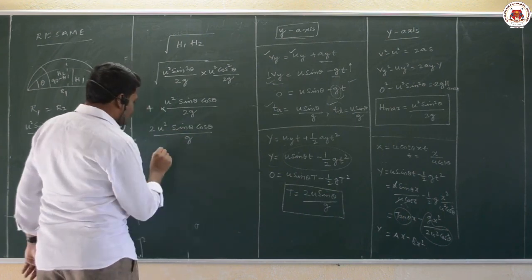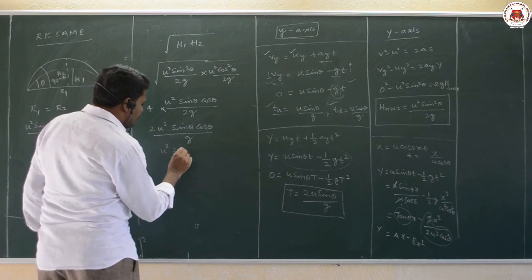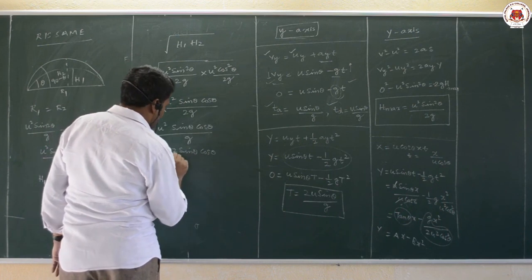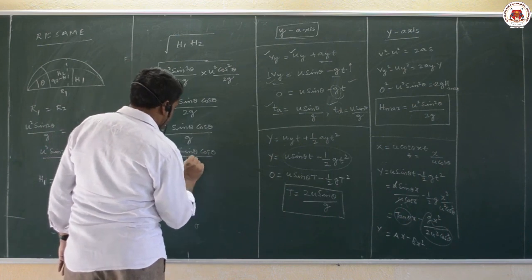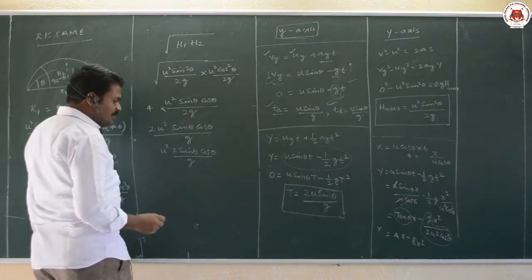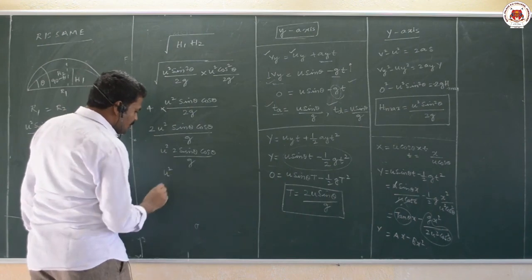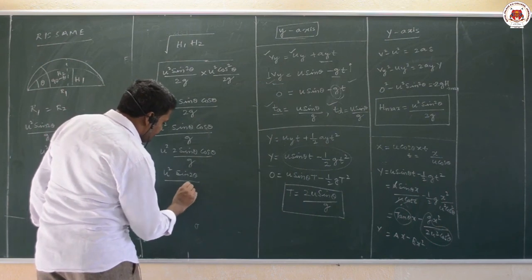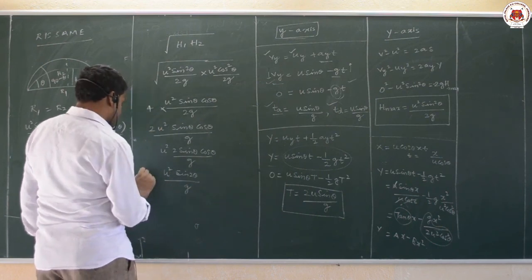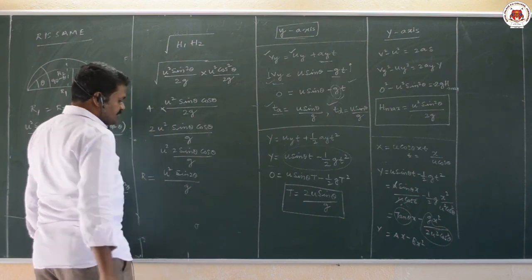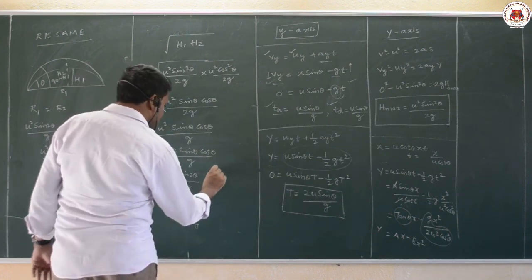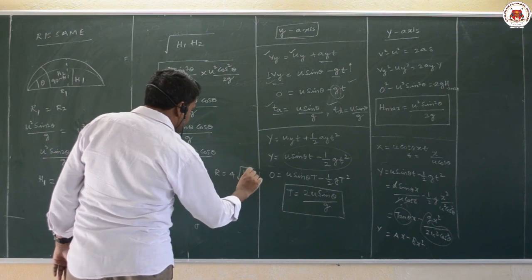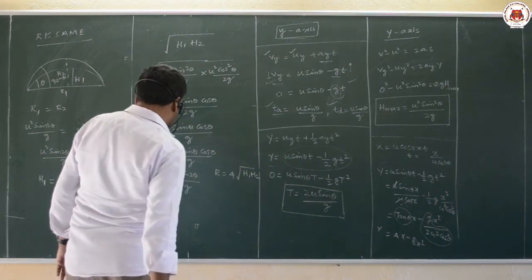This you can write as u square into 2 sin theta cos theta by g. 2 sin theta cos theta is sin 2 theta, therefore u square sin 2 theta by g. This is the formula for range. So range is equal to 4 root of h1 h2.